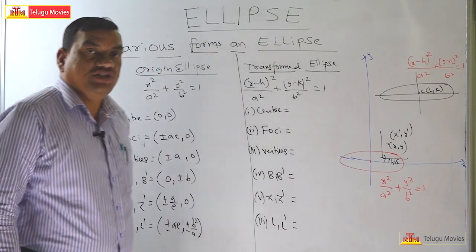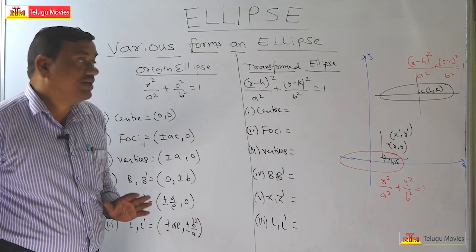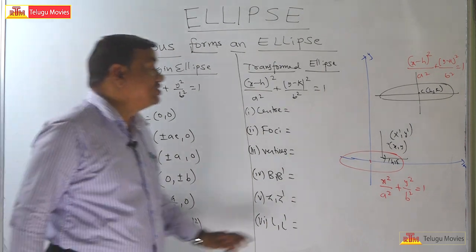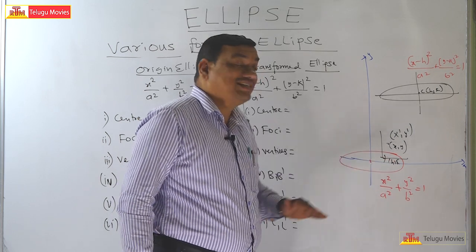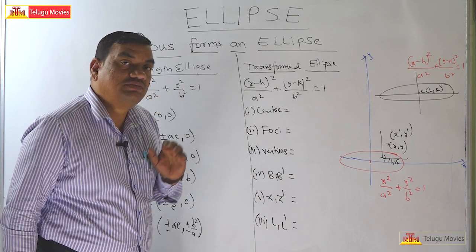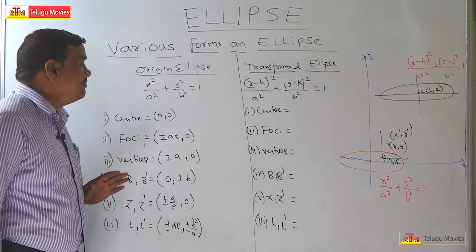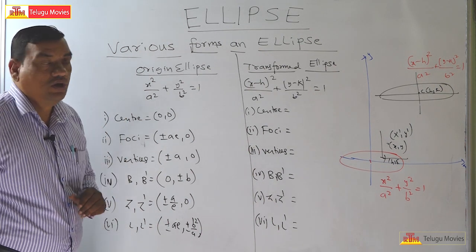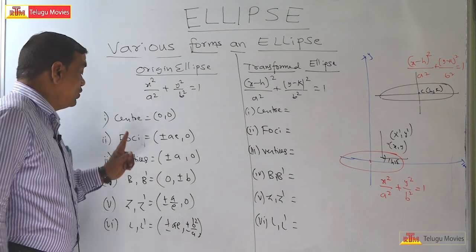Welcome back to this concept. Here, by original ellipse I mean the ellipse whose center is 0 comma 0, whose major axis coincides with the x axis and the minor axis coincides with the y axis. Its equation is x square by a square plus y square by b square is equal to 1. The center is 0 comma 0.